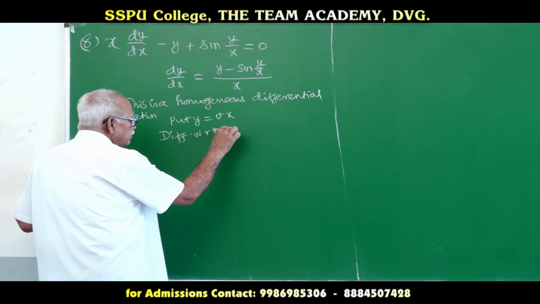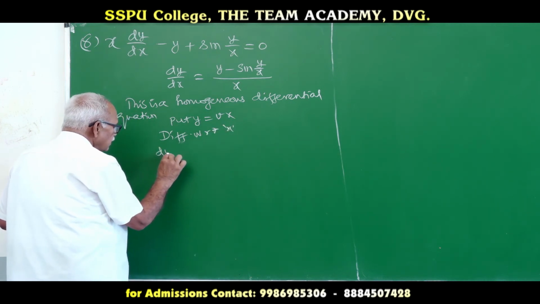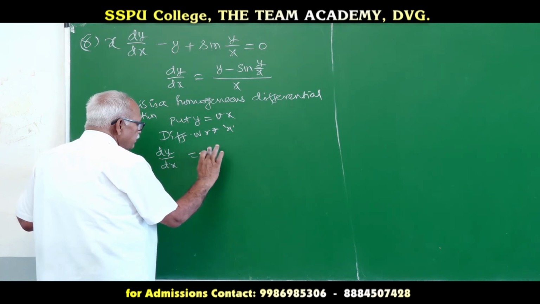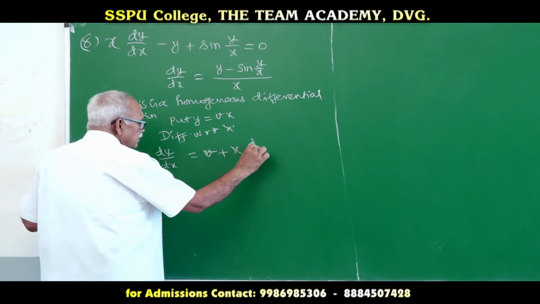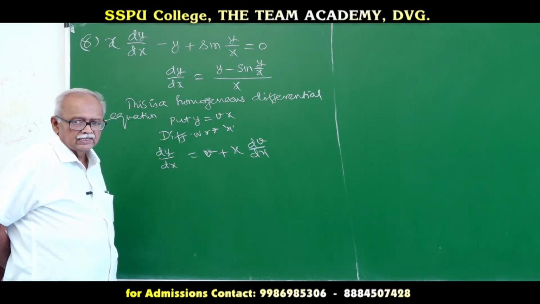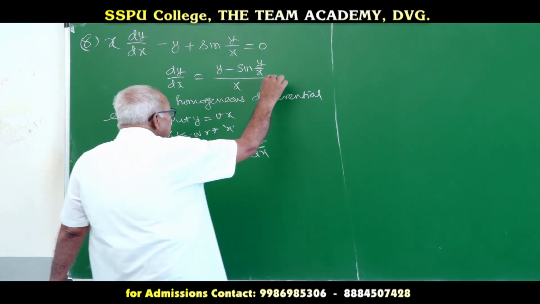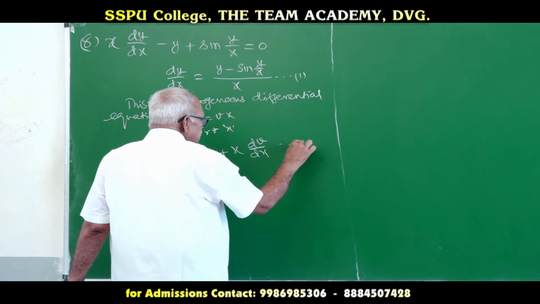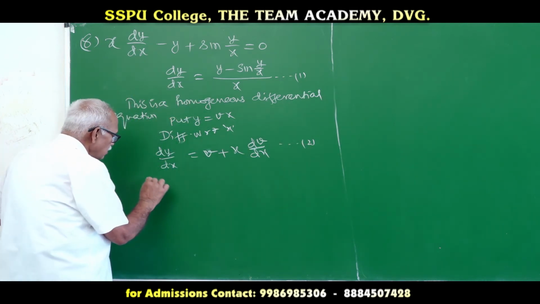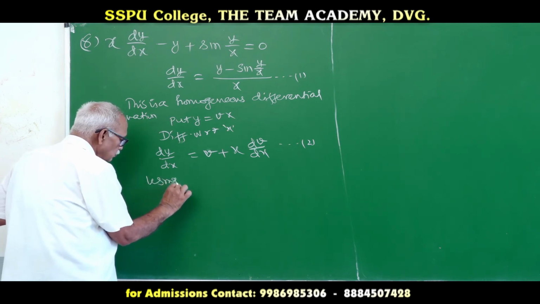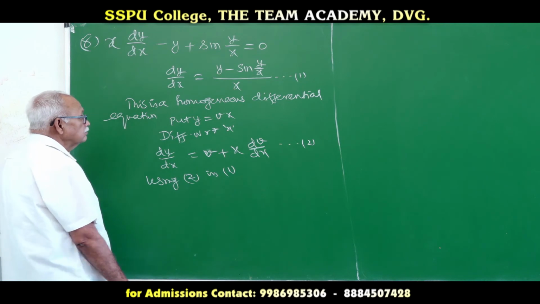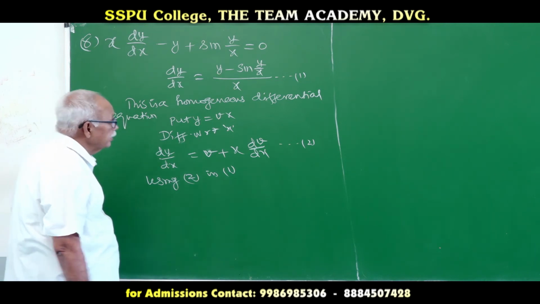What is dy by dx here? V plus x dv by dx. Keep this as equation 1, this as equation 2. Now let us take using 2 in 1.